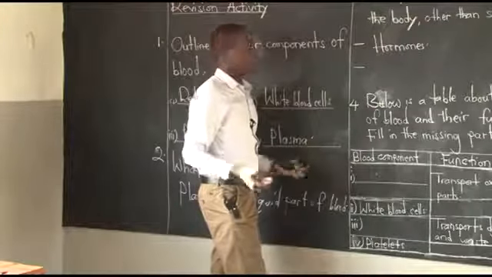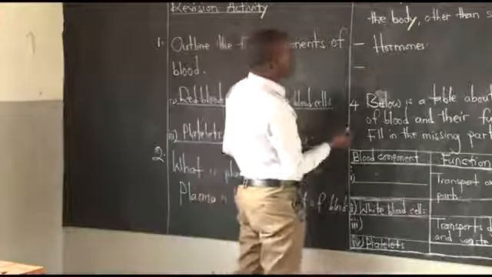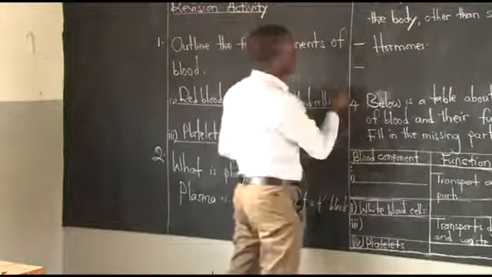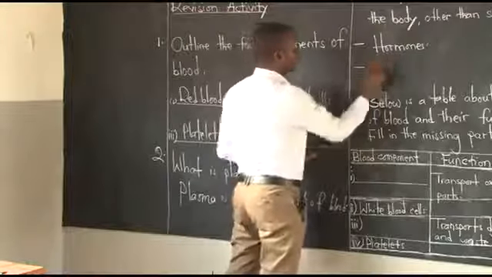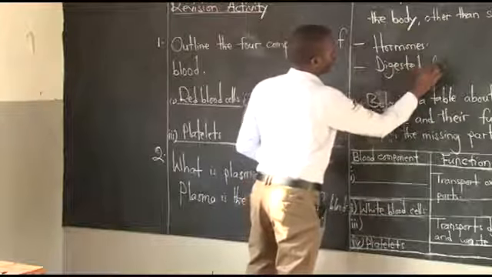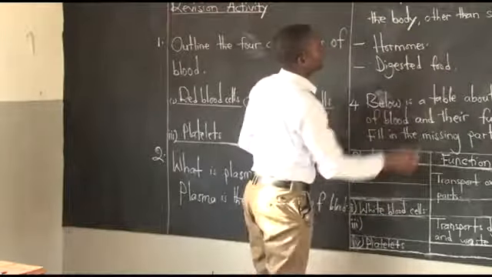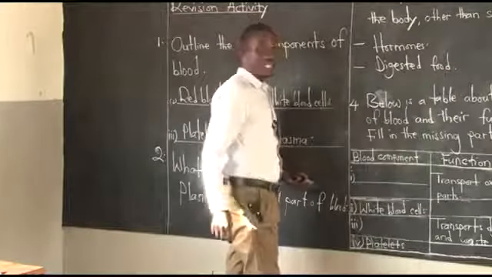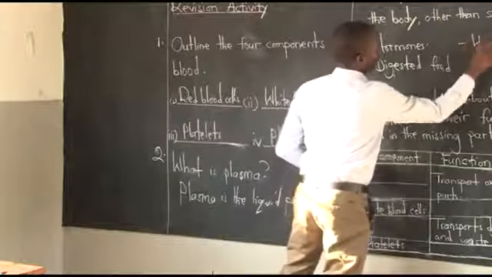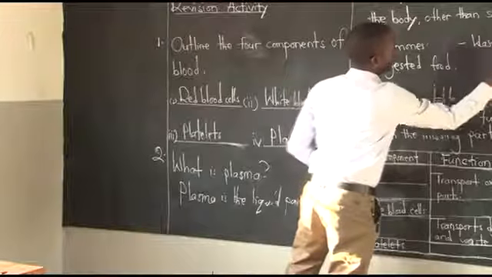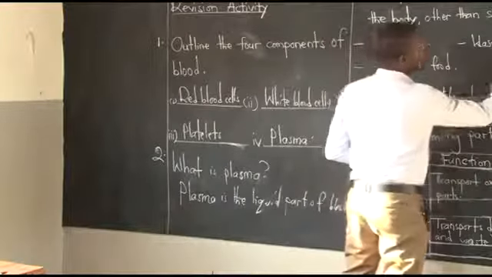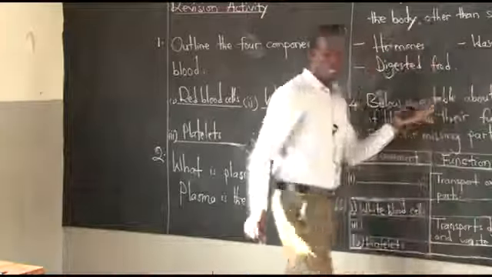Then food nutrients, or digested food. And then waste products. Waste products can include carbon dioxide.